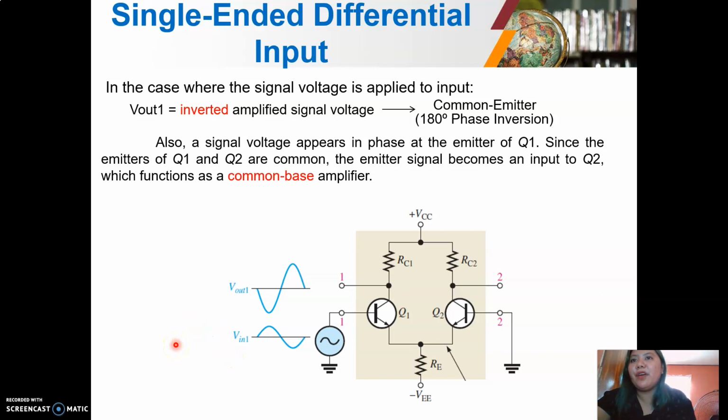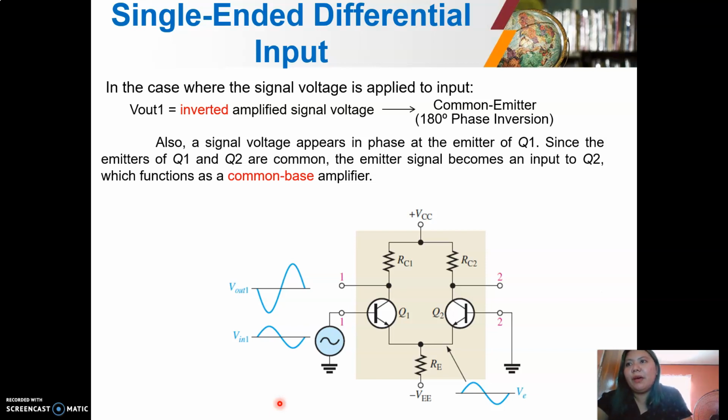So, if common pala yung emitter natin, since may input voltage tayo sa transistor 1 here, yung voltage signal na mapoproduce dun sa emitter 1 ay siya rin magiging signal voltage ng emitter 2. So, yan. And through that, dun sa pangalawang transistor, ang magiging input na niya ay yung emitter.